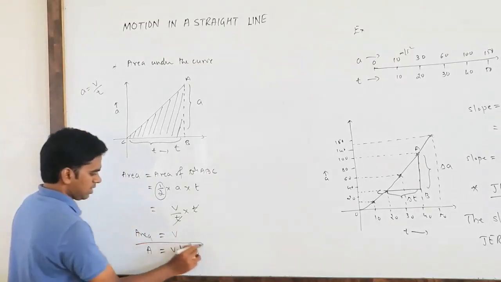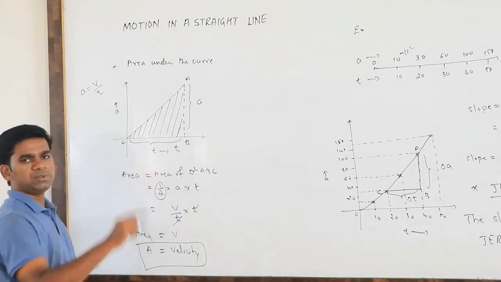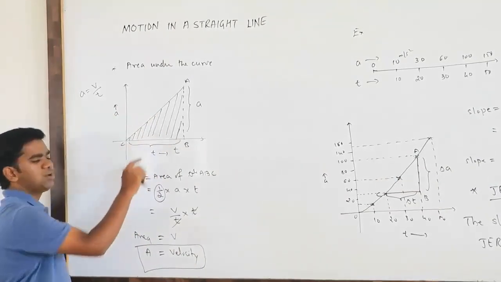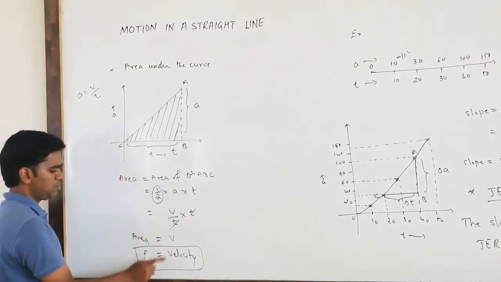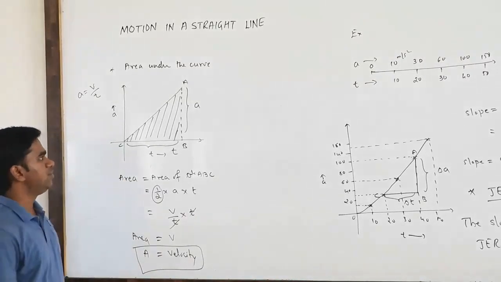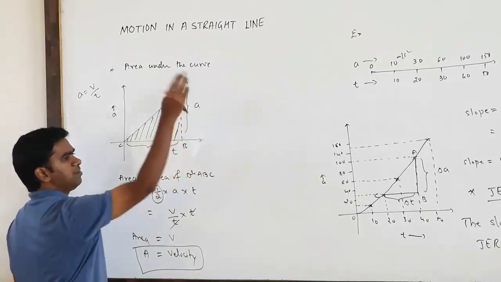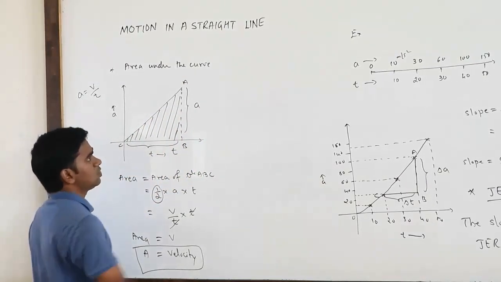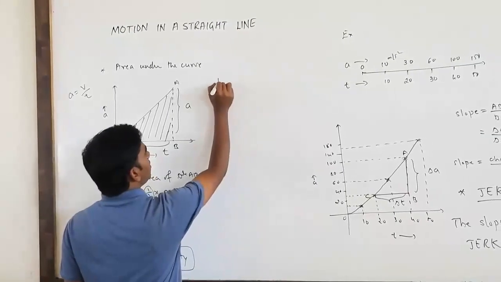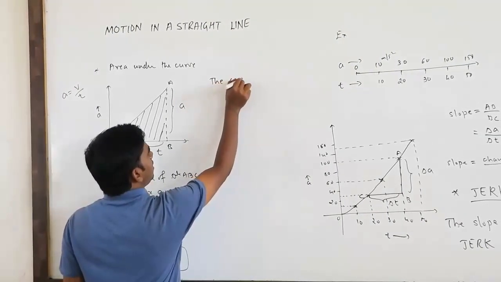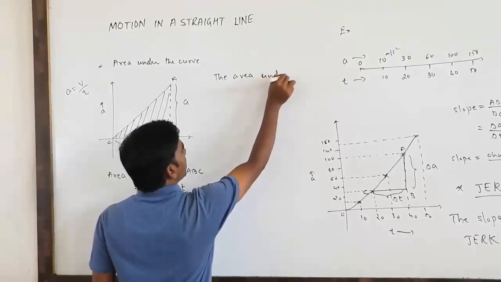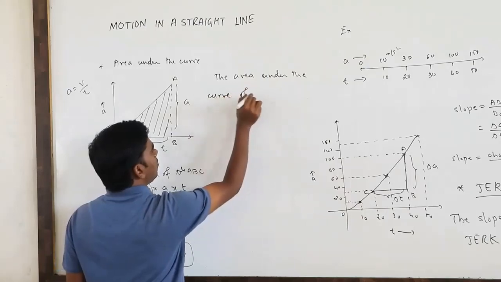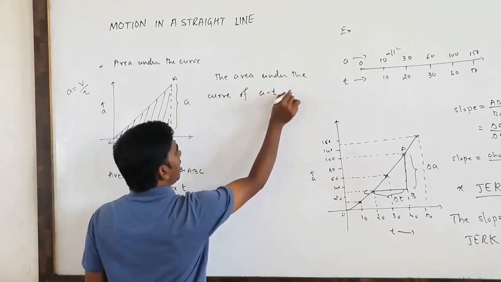Remember, the slope of the AT graph gives you jerk. The area under the curve of the acceleration time graph gives you the velocity, because it is nothing but acceleration into time, and time gets cancelled. Note that point.